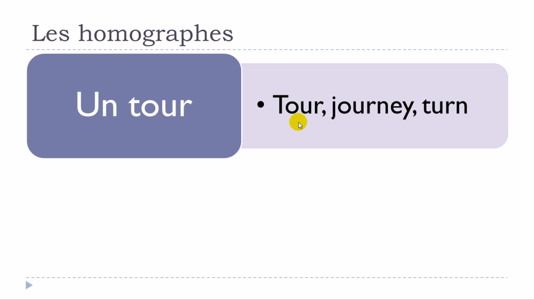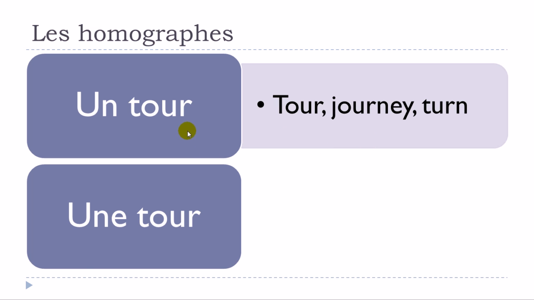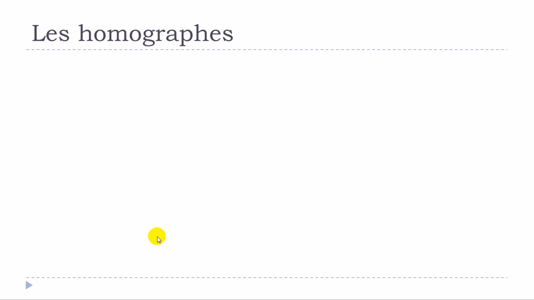Okay, so actually this word has quite many meanings, so it can be turn, a turn, and other meanings as well. But the good thing is that the feminine form, une tour, has only one translation, and it's here. Okay, so un tour, une tour.